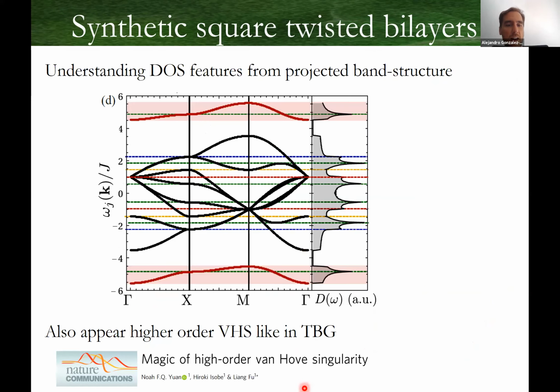As also happens in magic angle graphene, if you study in more detail the density of states, you get these asymmetric Van Hove singularities that resemble the higher order Van Hove singularities that also appear in twisted bilayer graphene, which has to do with the degeneracies of the bands of this projected band structure.